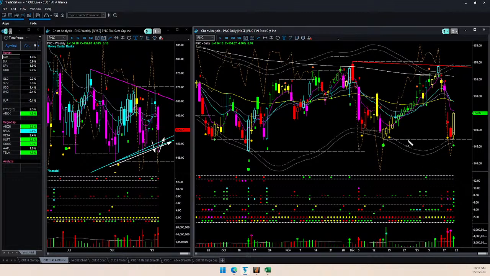In daily, it came to the watermark support, at which point a bullish headwind earlier caught the very bottom and led to a very large price move up. Now it came to the exact same level and went up sharply on Friday.